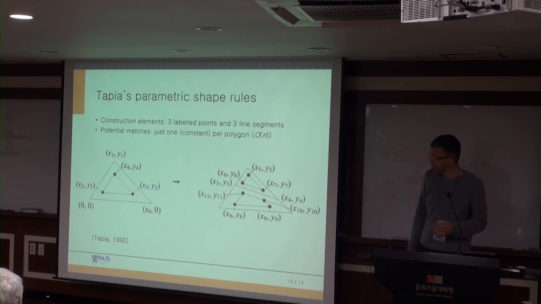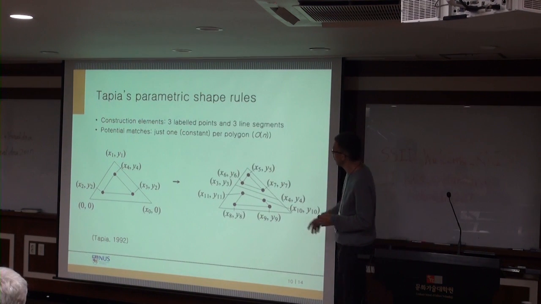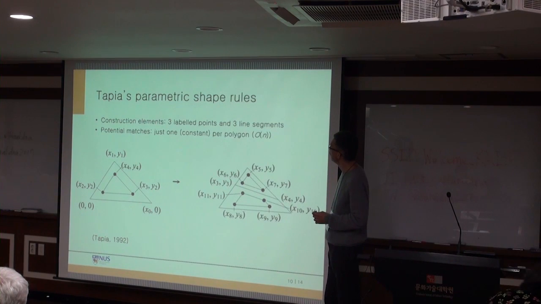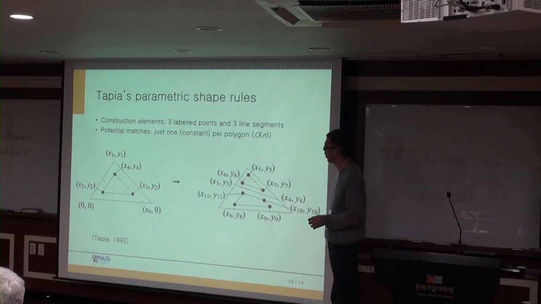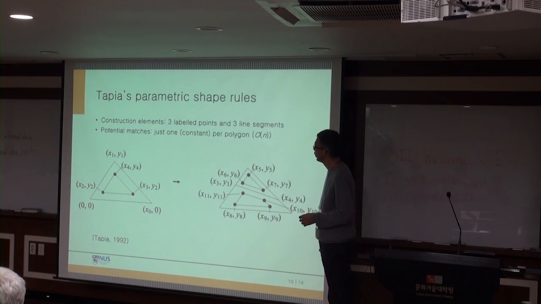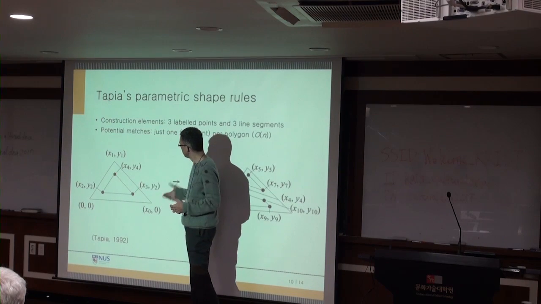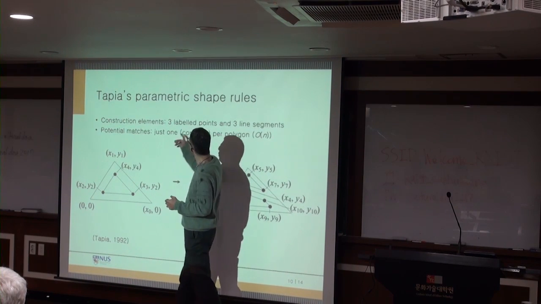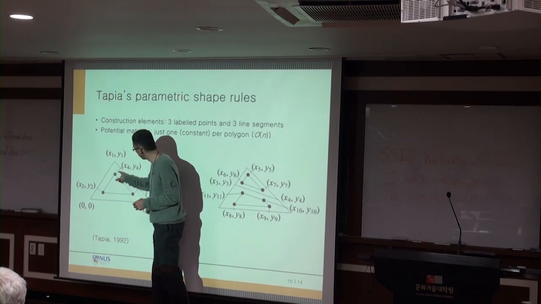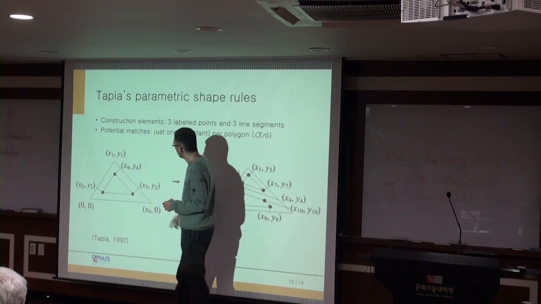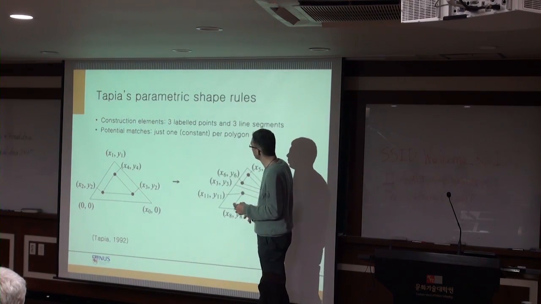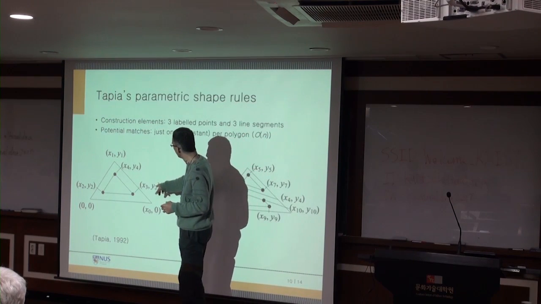Later on, Mark Tapia in '92 created a shape grammar interpreter, and then he explored again the Chinese lattice grammar, but he used a different explication in which he uses three labeled points that are also connected with line segments. The labels aren't shown here.